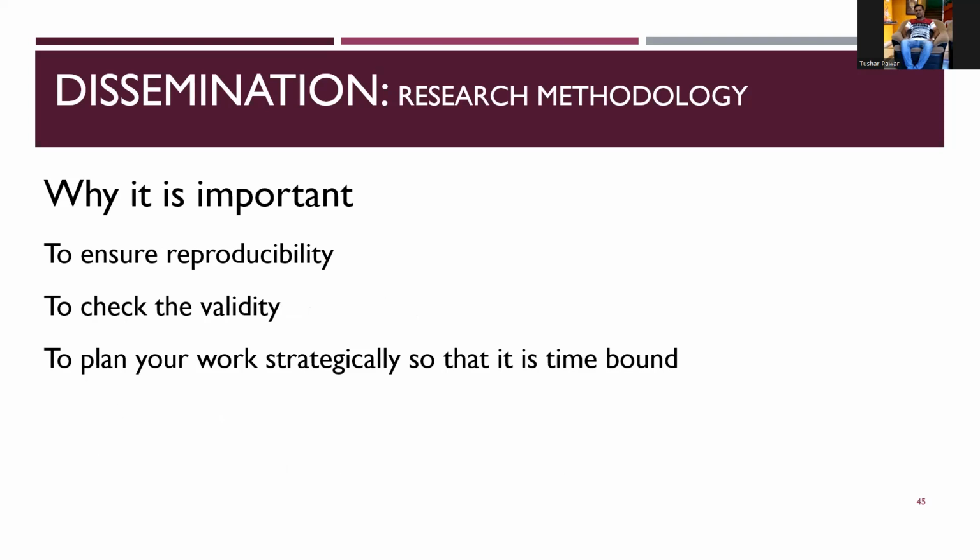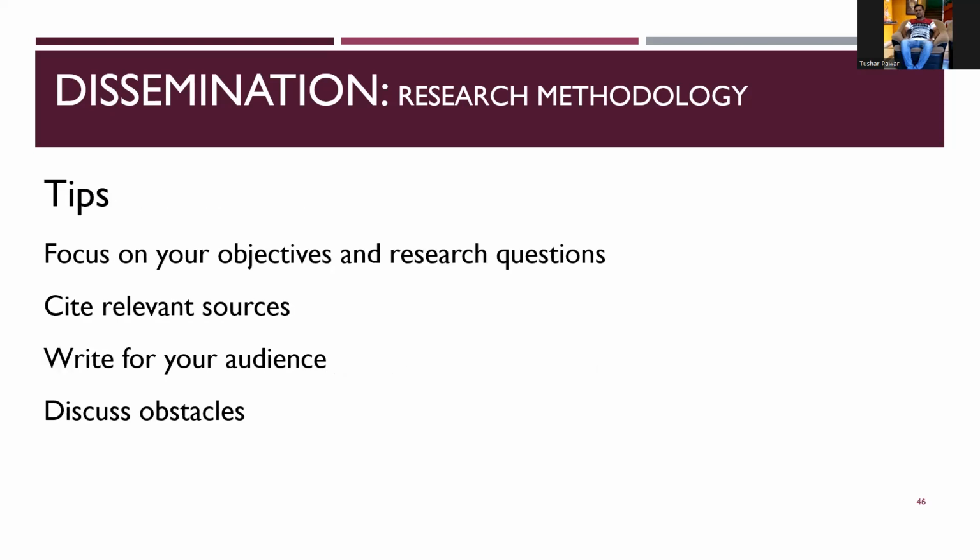If someone else goes there and does the work by applying the same method, the same result should be there; then only we can say that yes, whatever information was given is correct. So it ensures validity also. Reproducibility and validity are important characteristics of good research. And it also helps you plan your work strategically.